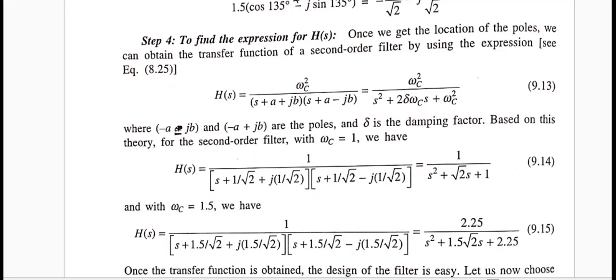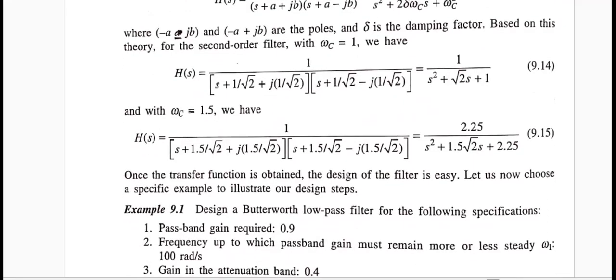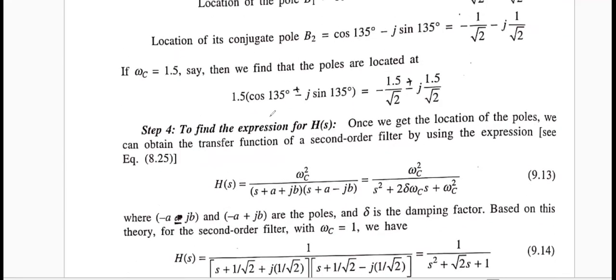Now we need to generalize that omega c value. So now put the value of omega c equal to 1.5. To do that, we have already found the expression here. From this expression, we can understand that first of all, you need to find this expression. Now s plus 1.5 divided by root 2 minus, of course there will be a j, 1.5 divided by root 2.